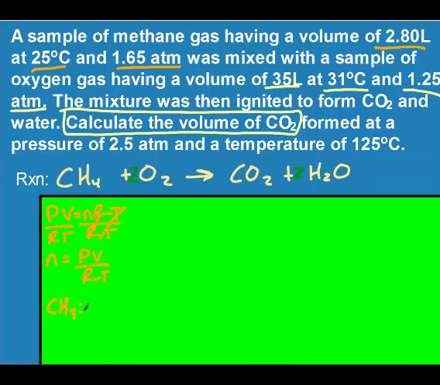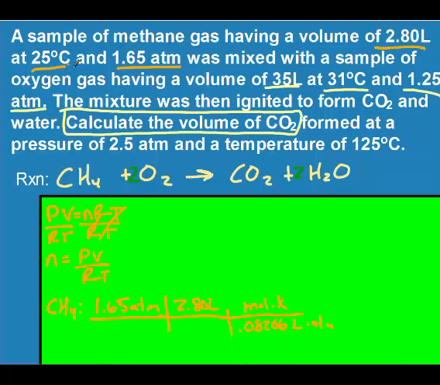So methane's pressure was 1.65 ATM. Then I need its volume, which was 2.80 liters. I need my R, 0.08206 liters times atmospheres over moles times Kelvin.